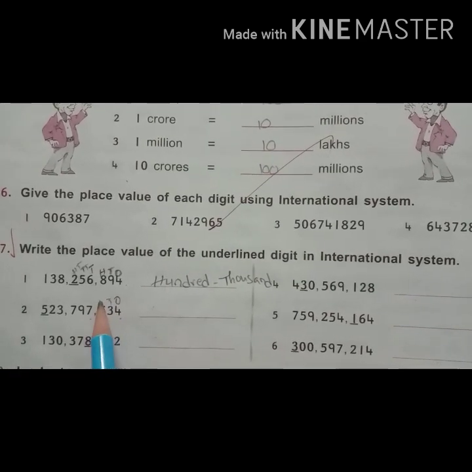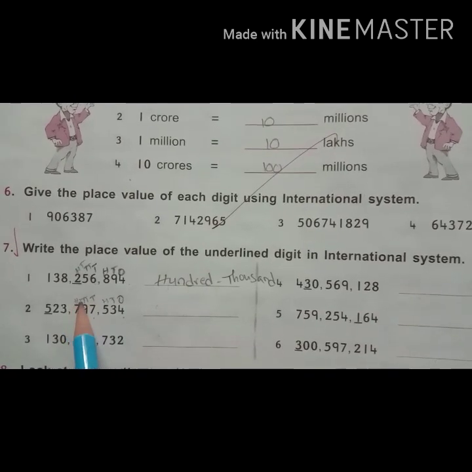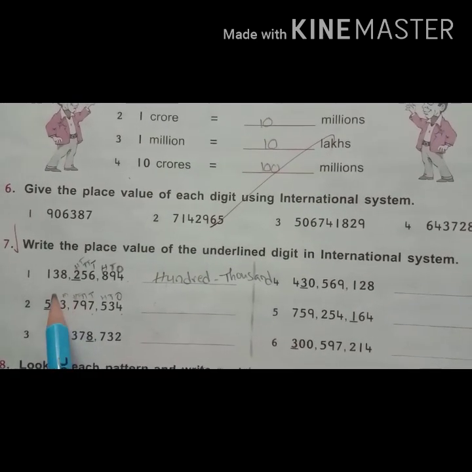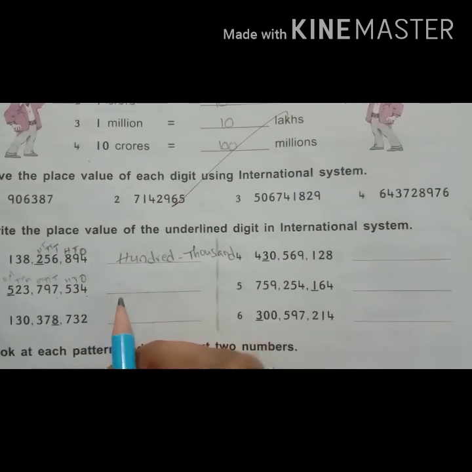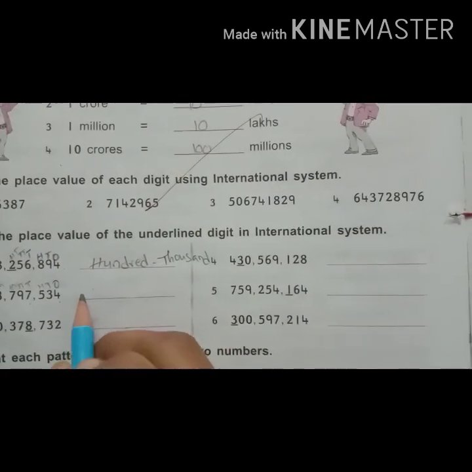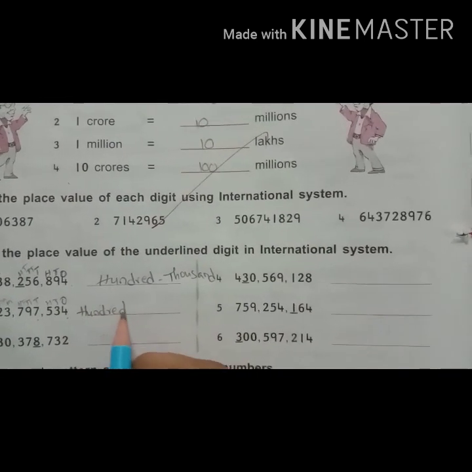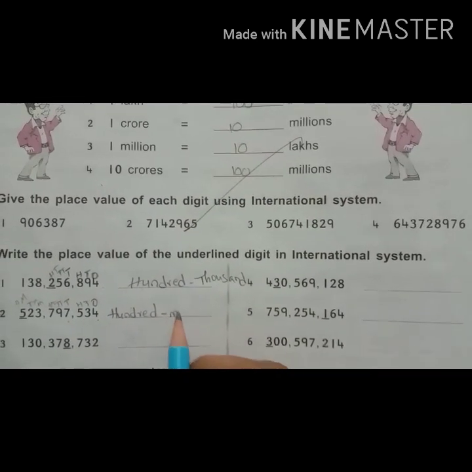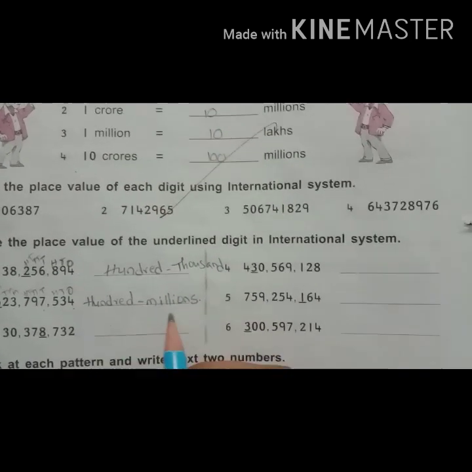Ones, tens, hundreds, thousands, 10,000s, 100,000s, millions, 10 millions, 100 millions. So here what do we have to write? 100 millions. Hundred millions.